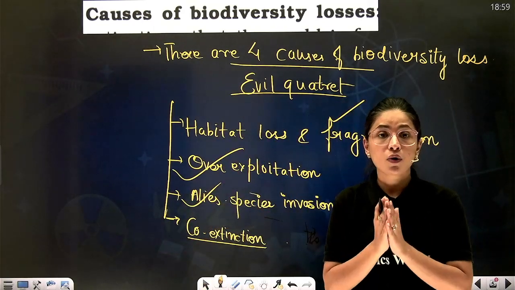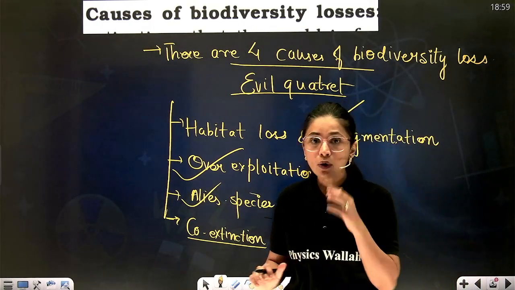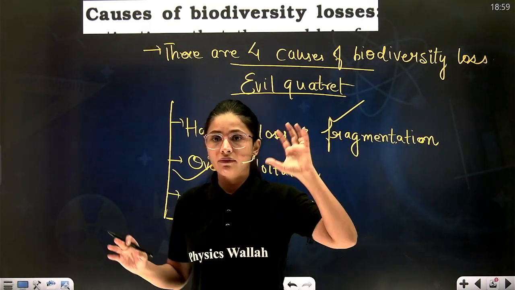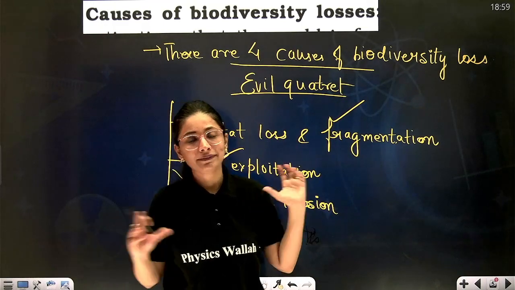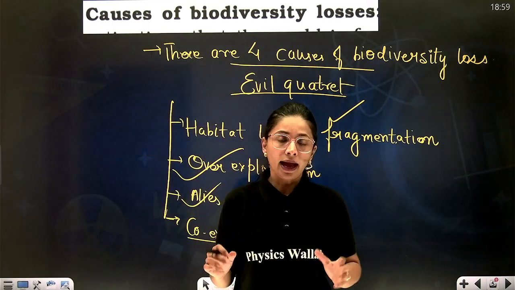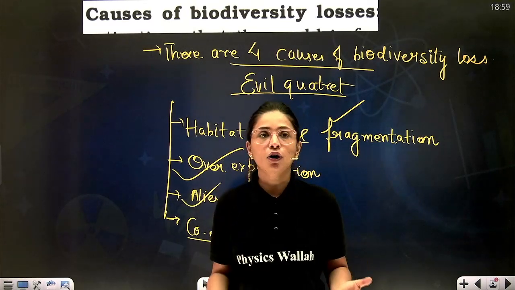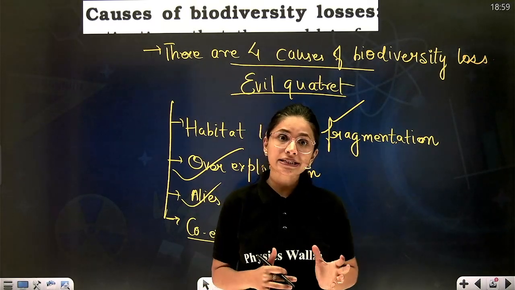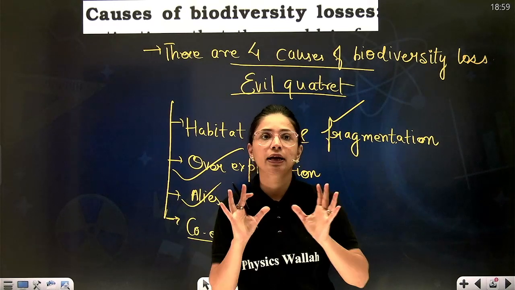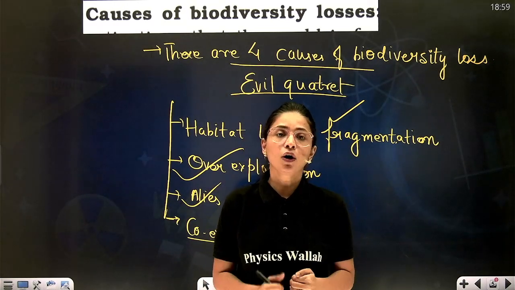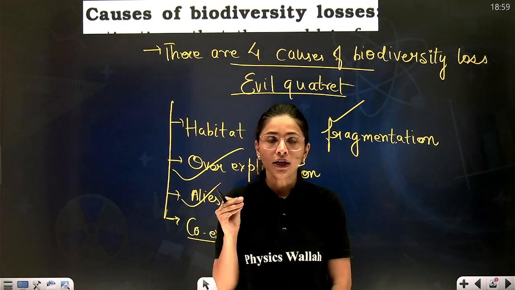Fourth is co-extinction. Co-extinction means when 2 organisms are living in mutual association, and if one of the organisms dies, the other automatically dies. So co-extinction means because of one, the other one is gone too. So this is the 4th cause of biodiversity loss.